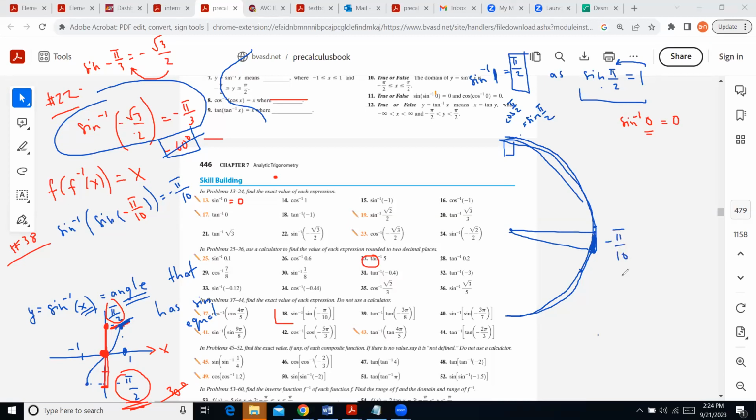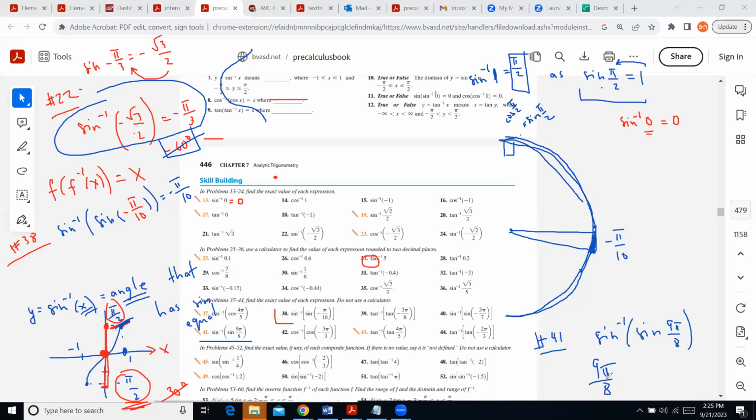But when you take something out of that allowed range, let me find one here, exercise 41, then it's not going to be 9 pi over 8. So if we look at problem 41, which has exactly the same structure, so you apply the inverse to the function sine of 9 pi over 8, then it's not going to be equal to 9 pi over 8.